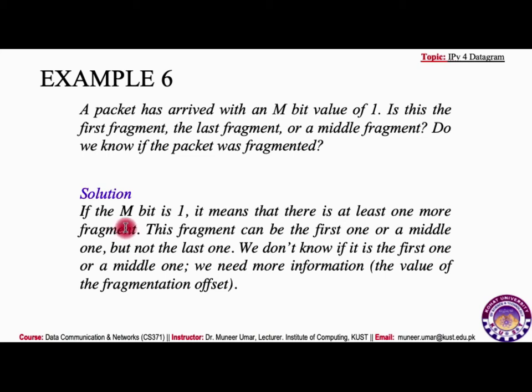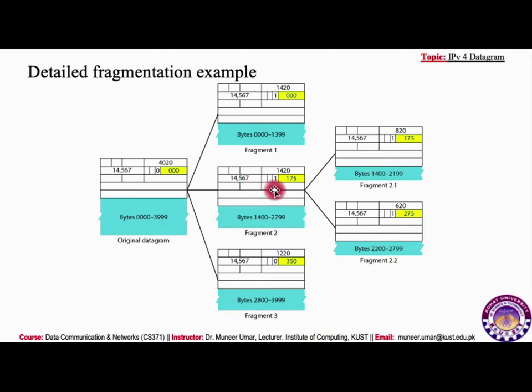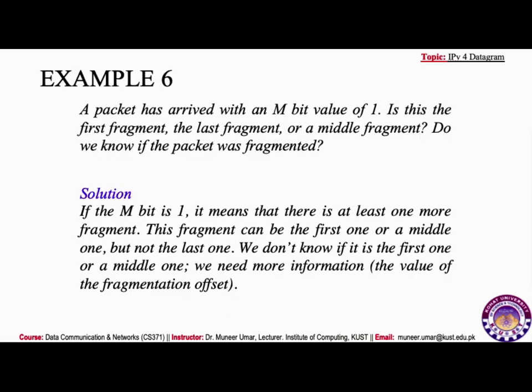So, if the M bit is 1, it means that there is at least one more fragment. If it is 1, then it would mean that there are some more fragments to come. This is not the last fragment. So this is obvious that we have more than one fragment.